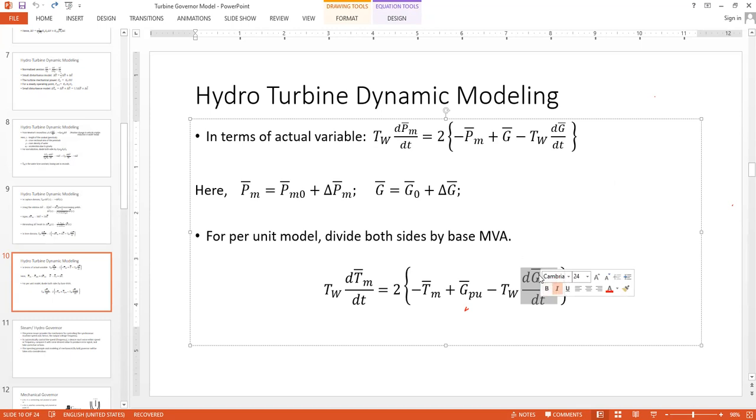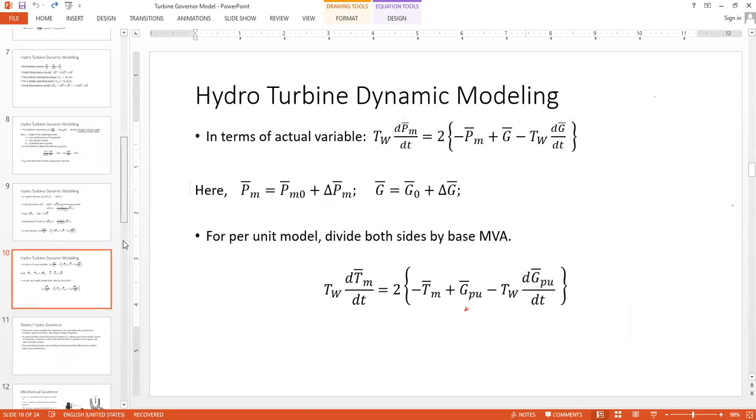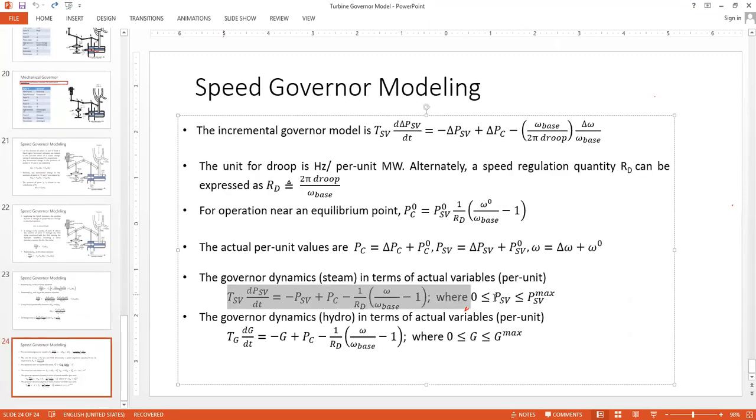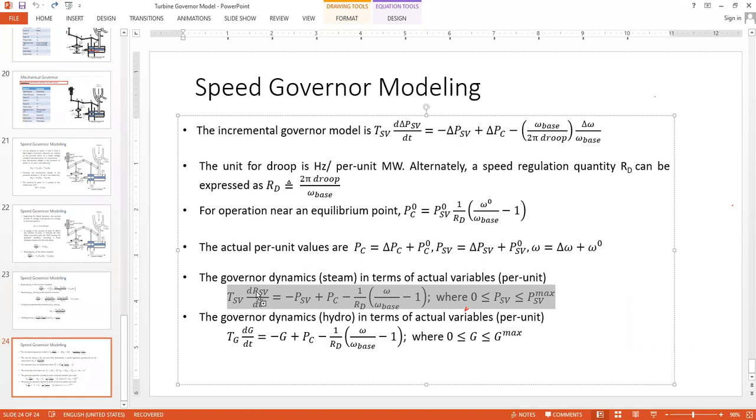So this is the gate valve for hydro turbine, but the derivation here we did up to this point was for the steam valve position or steam valve power, PSV. If we simply try to mimic the whole governor mechanism for a hydro turbine, we have to replace this time constant of a steam turbine by the governor time constant for hydro turbine, that is TG.